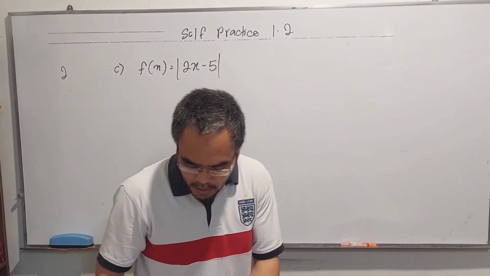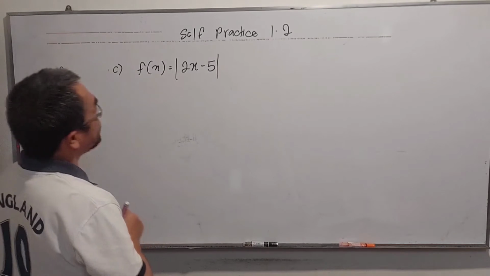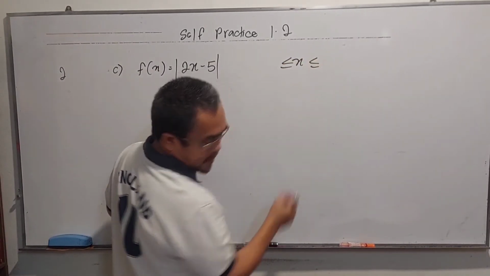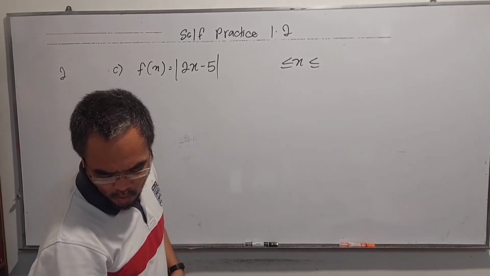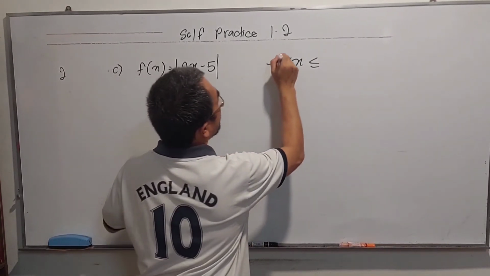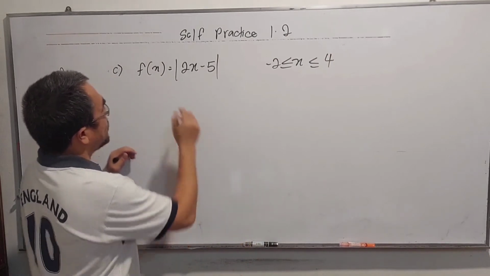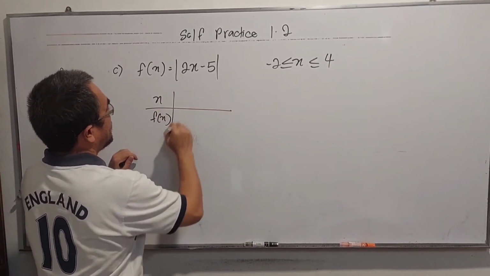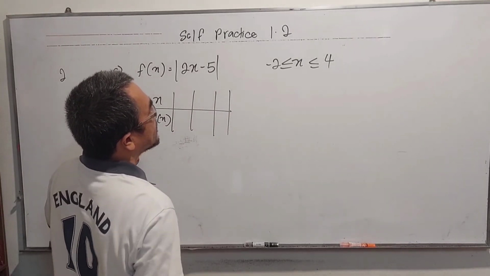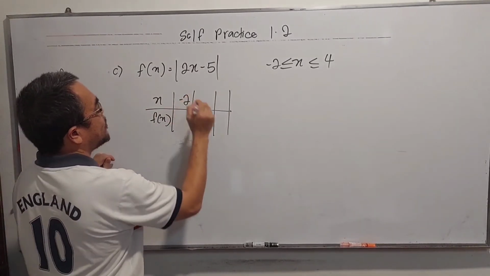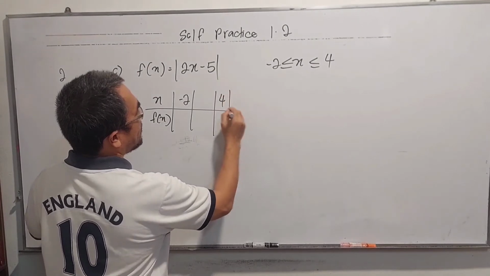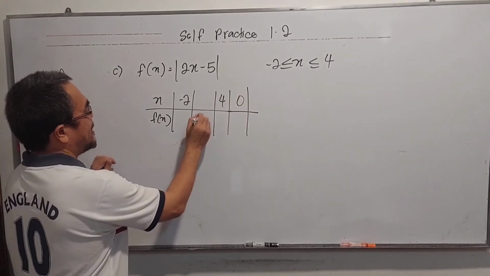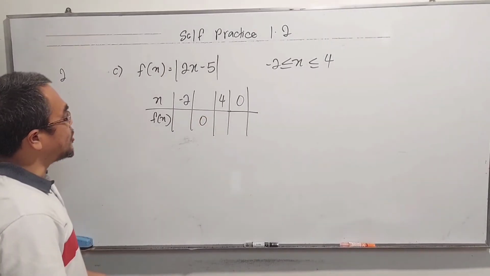Okay, for C, f(x) is 2x minus 5. The range of x is between negative 2 and 4. So we create a table of x and f(x) again, and we should substitute negative 2 and 4, and substitute also x as 0, and similarly f(x) as 0.